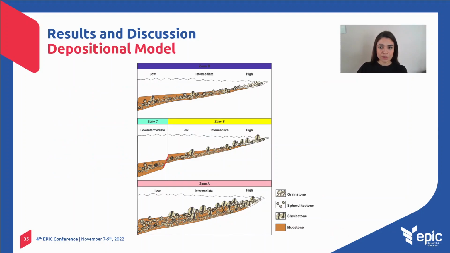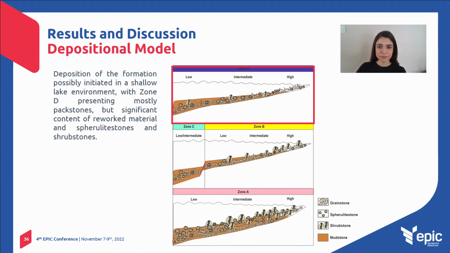So based on the characteristics observed for each zone, a depositional model was proposed. So the deposition of the Barra Velha Formation possibly initiated in a shallow lake environment, with Zone D presenting mostly packstones, but also significant content of reworked material and spherulite stones and shrubstones.